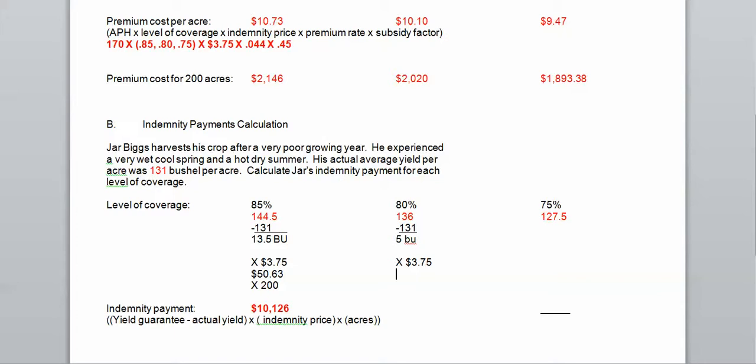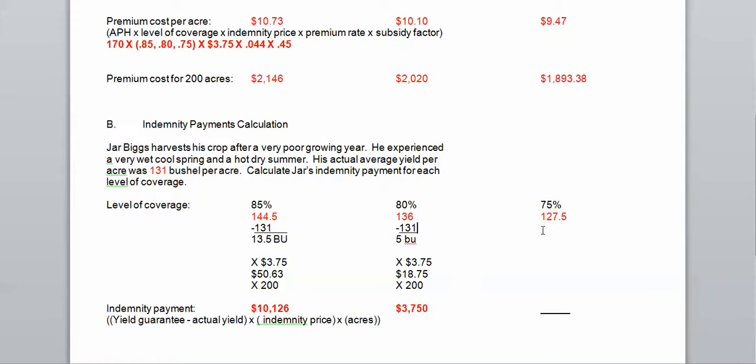That equals a payment per acre of $18.75 times our 200 acres, a total check of $3,750. Why did we get paid? Because our guaranteed yield was not met. We had a disastrous year. We only yielded 131 bushels per acre. We were guaranteed 136 by crop insurance.